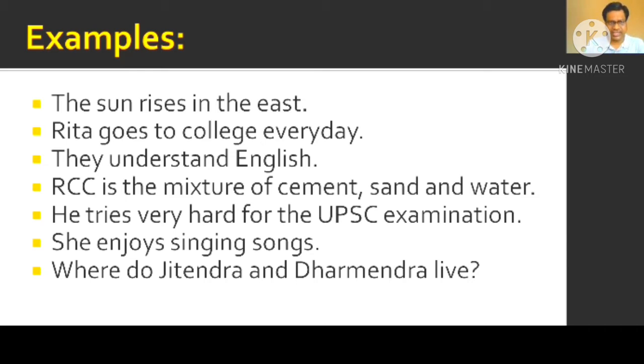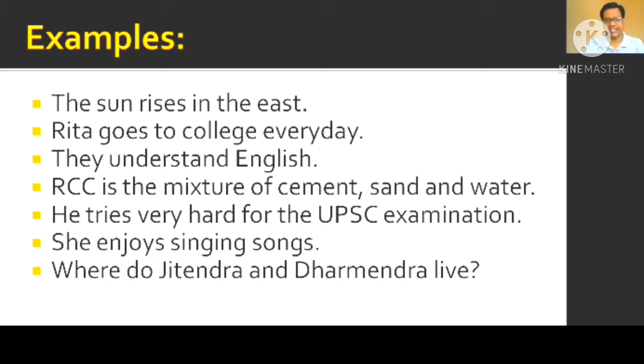So Rita is the subject, goes is the verb, to college is the prepositional phrase functioning as adverbial of place. And every day is also an adverbial here, but this is the adverbial of time. So the sentence goes like this. Rita goes to college every day.